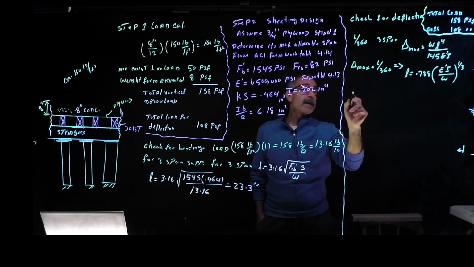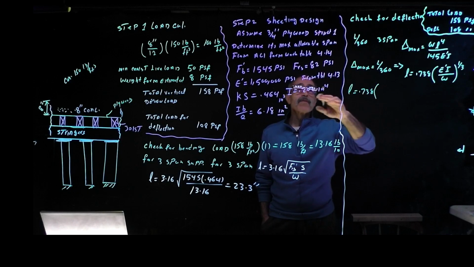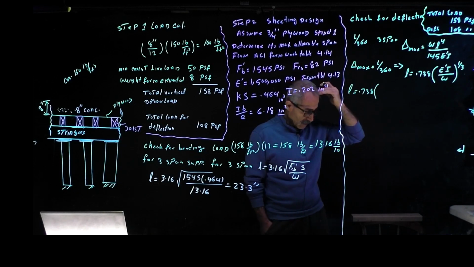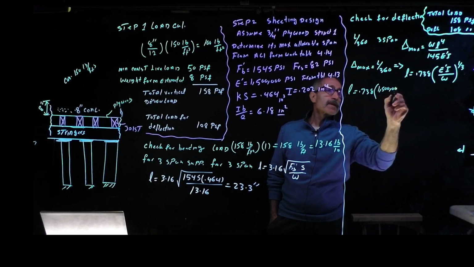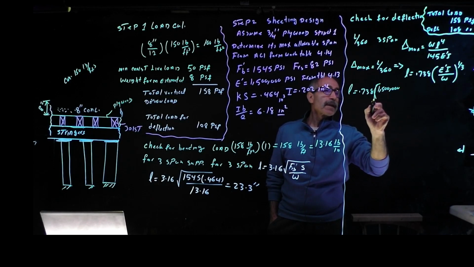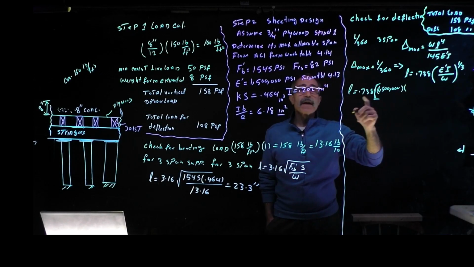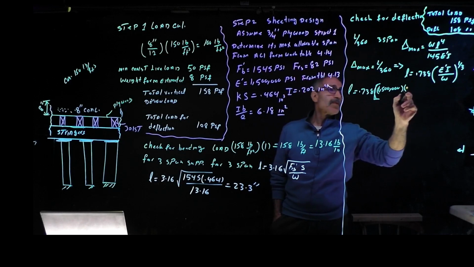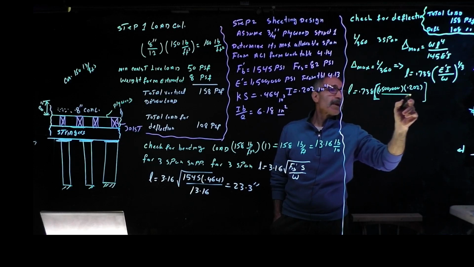If we plug that in, L is equal to 0.738 times E prime, which we said came out to 1.5 million, I believe, 1,500,000 PSI. Let me put a bracket right here, multiplied by I, 0.202, and then close the bracket and divide the whole thing by w.